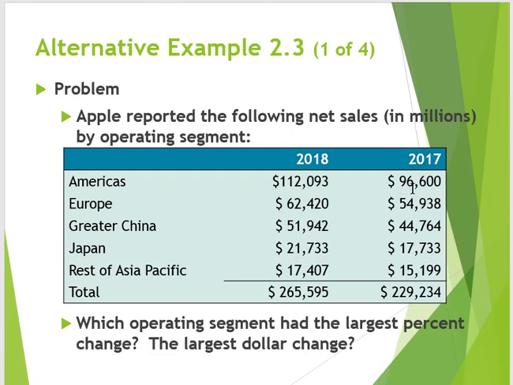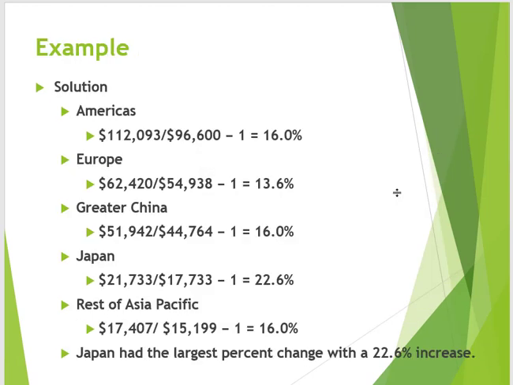If you divide that by the previous year's number of 96.6, if you divide those two numbers and subtract 1, that'll give you a decimal, which we could then convert to percentage. So in Americas, it was 16%. Europe was 13.6. China was 16%. Japan increased 22.6.